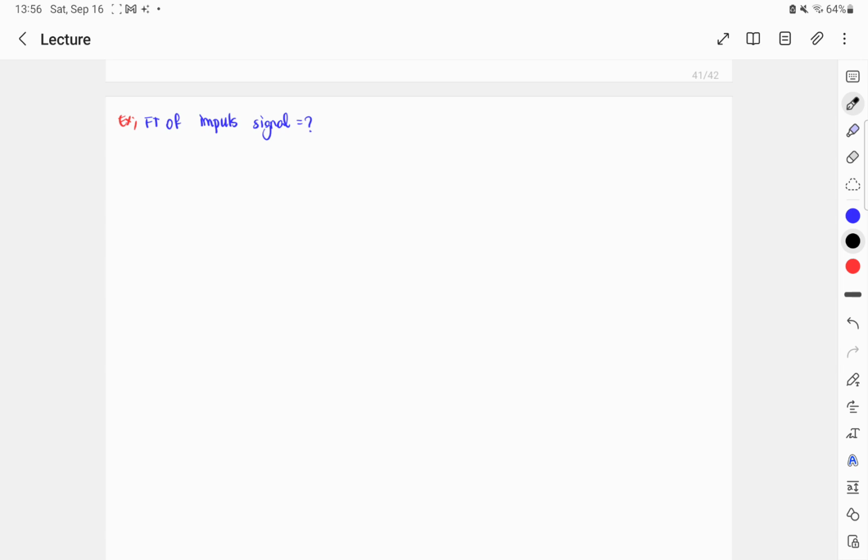It is less than infinity. So we are going to apply the formula, and then instead of x(t) here, we will write the delta function.